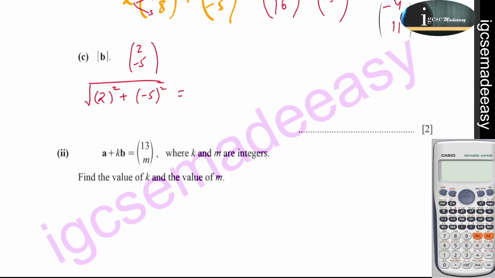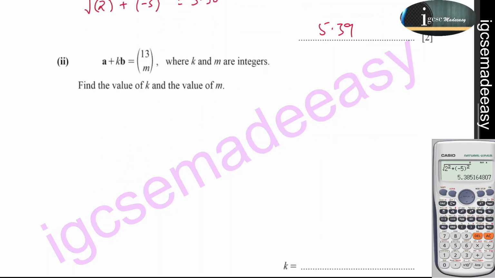If we solve this in our calculator, square root of 2 squared plus, I'll write a bracket, -5, then squared. Then you get 5.38, or we can write it as 5.39. That will be your final answer.